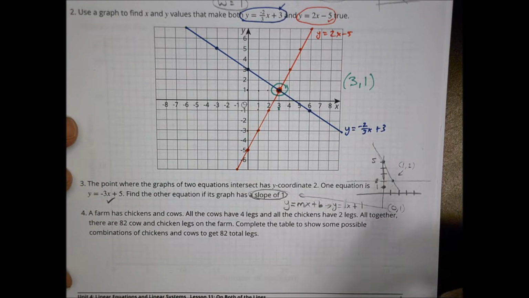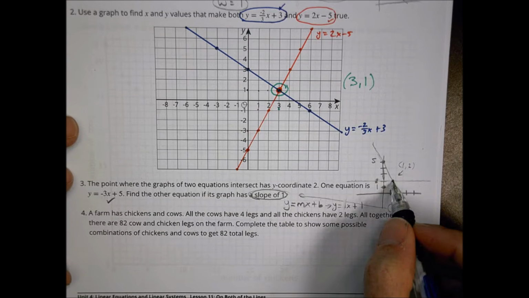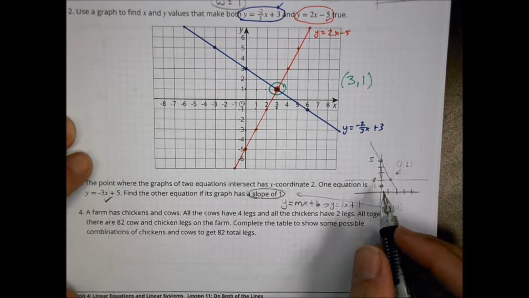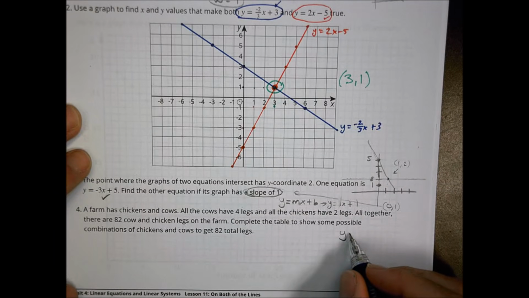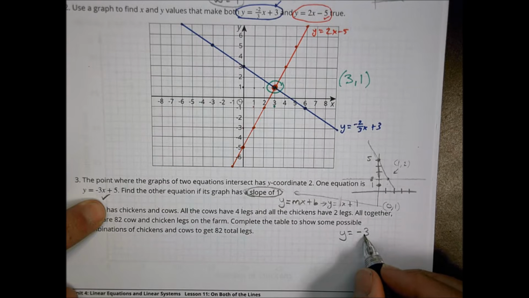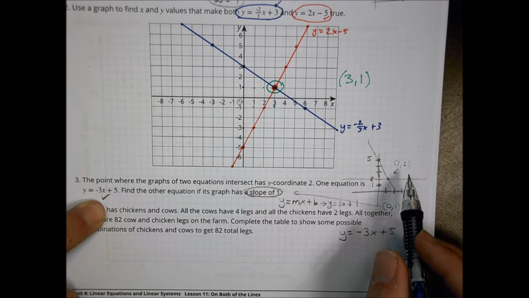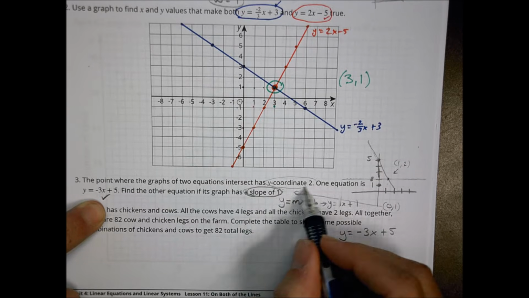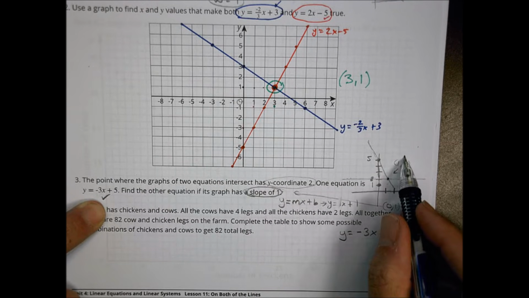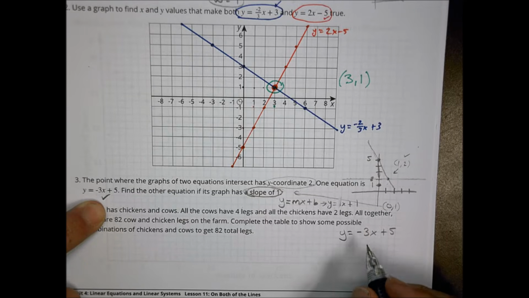And that can work for us, okay? If I wasn't sure about that point, I didn't want to draw a graph to get that point, what I could also do is I could do this. I could say that y equals, using this equation, negative 3x plus 5. If I wanted to, knowing that I have a y coordinate of 2, I could find this coordinate by plugging the 2 into there, right?